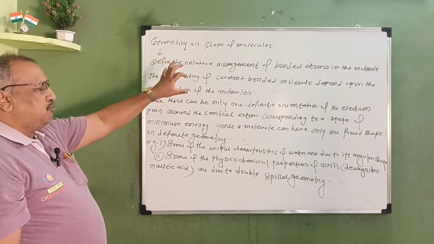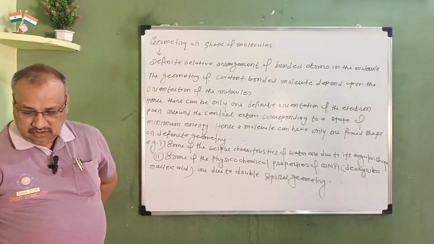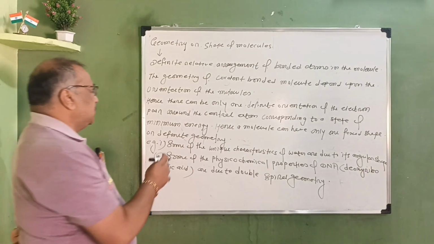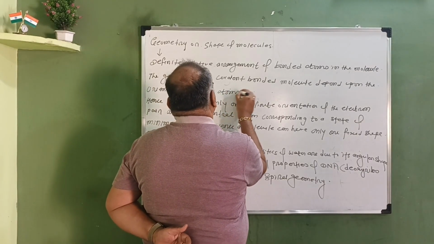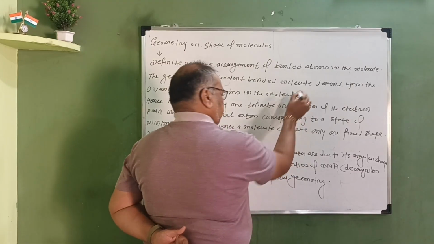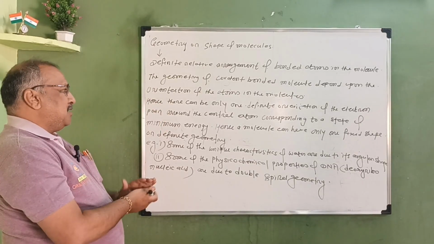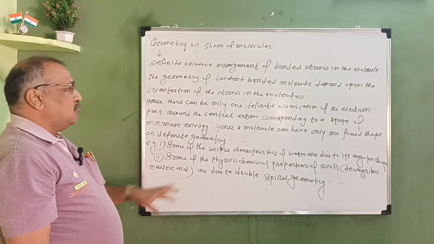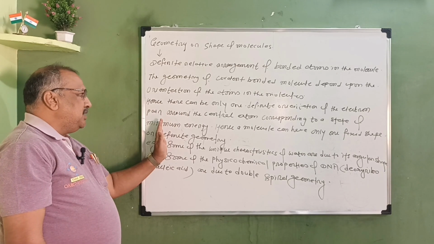The geometry of a covalently bonded molecule depends upon the orientation of the atoms in the molecule. Hence, there can be only one definite orientation of electron pair around the central atom, which corresponds to the state of minimum energy.